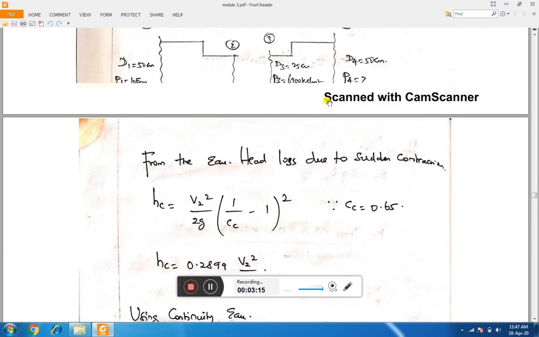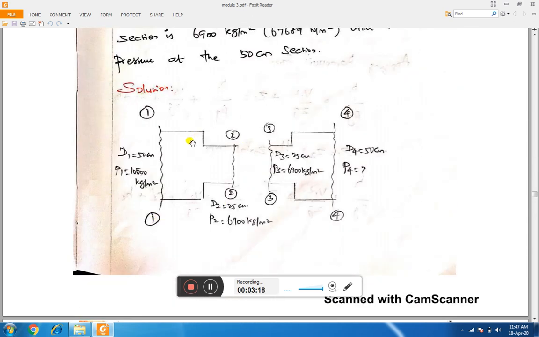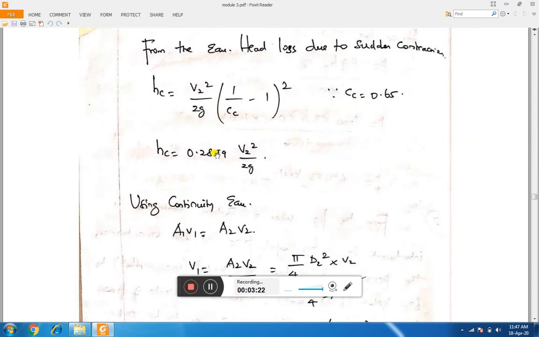Now we are solving the first part of the problem, which is sudden contraction. Bigger diameter is getting reduced to smaller diameter. From the equation, head loss due to sudden contraction is Hc equal to V2 square by 2g. What is this V2 now?